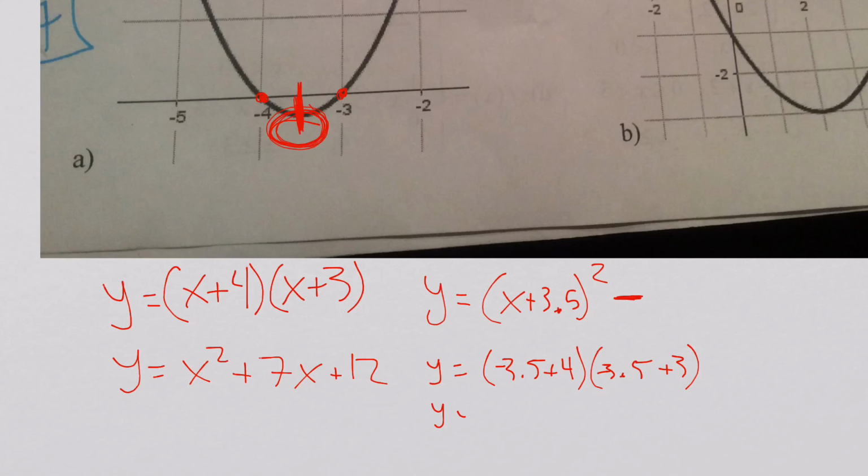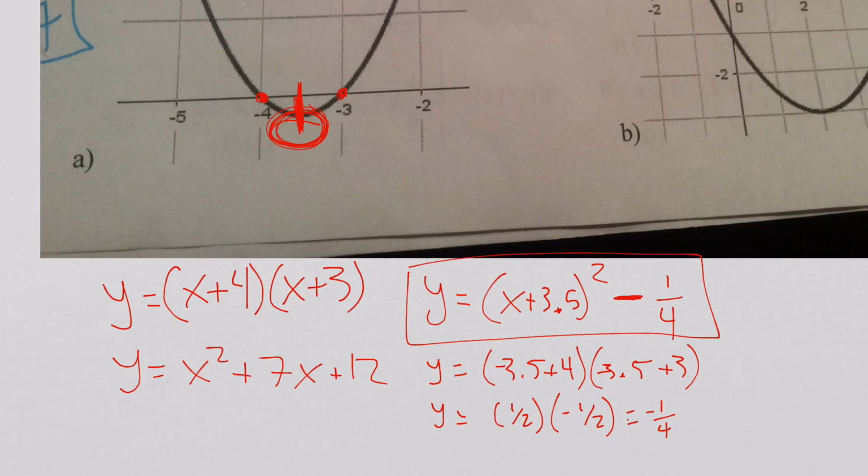So I'll simplify that. y equals 4 minus 3.5 is a positive 0.5, so a 1/2, times 3 minus 3.5 is a negative 0.5, so negative 1/2. 1/2 times 1/2 is 1/4, and it's negative, so -1/4 is my value. So -1/4 will get me my vertex form equation.